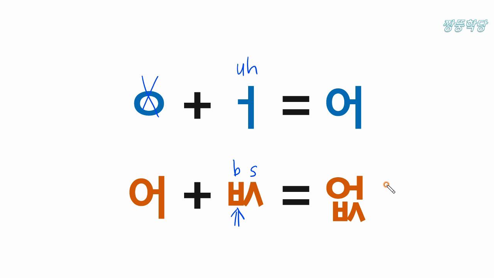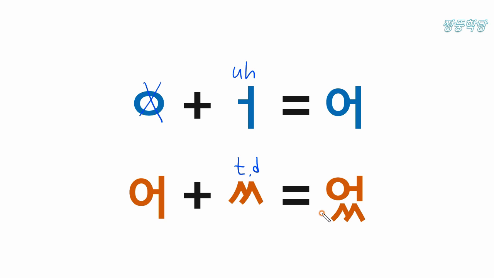So it reads up, up. And it has no sound, and this is a. And this is to or do. So 엇 equals 엇.